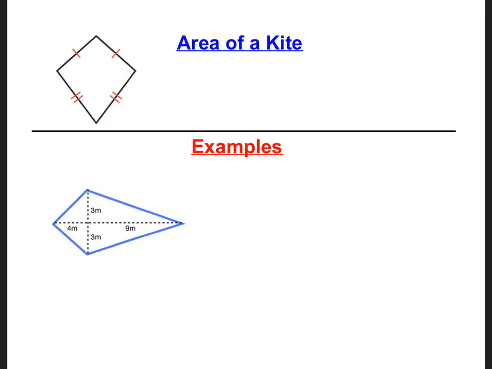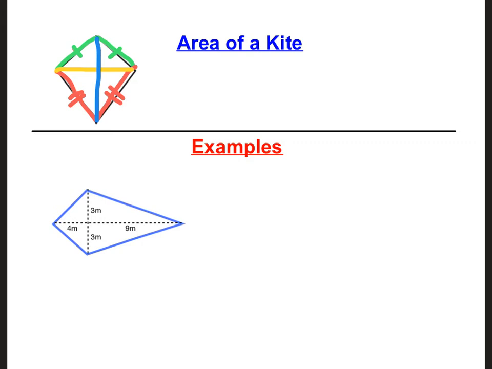All right, the next thing we're talking about is the area of a kite. Now, we haven't really talked about these polygons before, but a kite is a shape that has two pairs of congruent sides. Those two, the top two, the green ones, are congruent, and these red ones are congruent. Now, in order to find the area of a kite, we need to use the diagonals of it. So I'm going to draw one in yellow and one in blue.